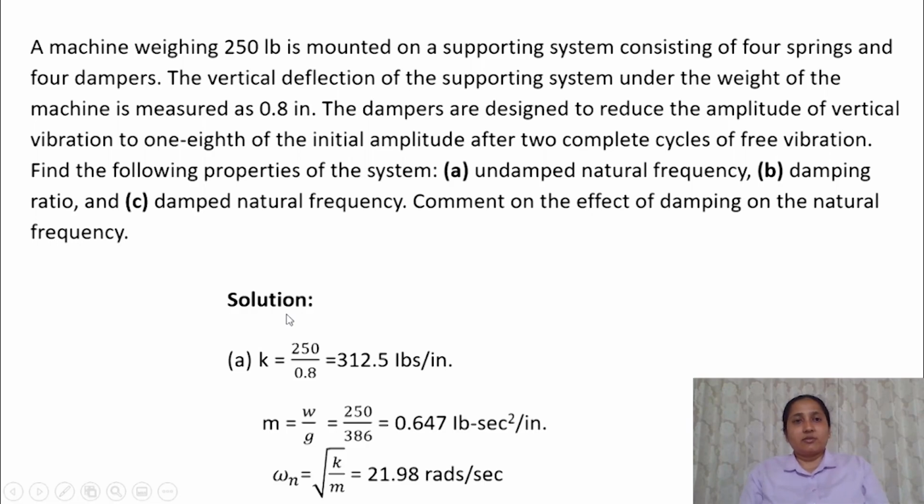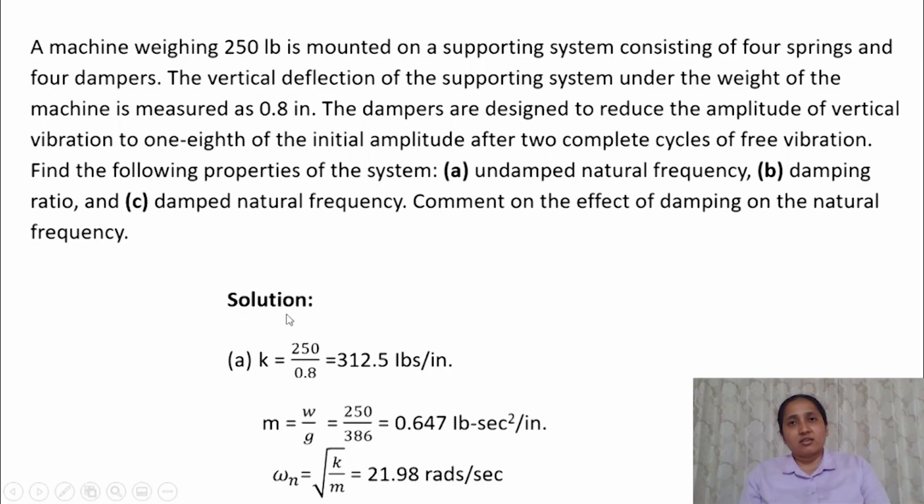So, it is given the weight of the system and it is also given the deflection of the supporting system under the weight. If you know the weight and the deflection, we can find the stiffness of the supporting system.